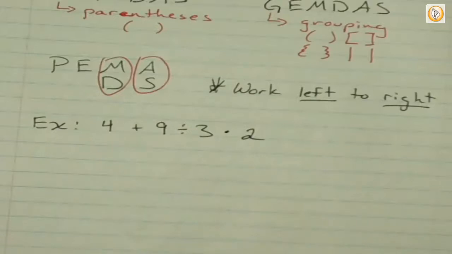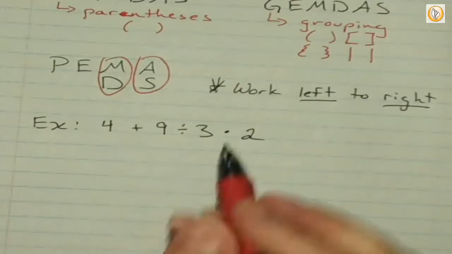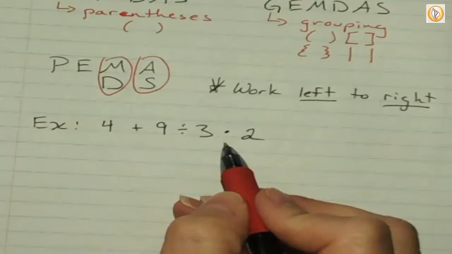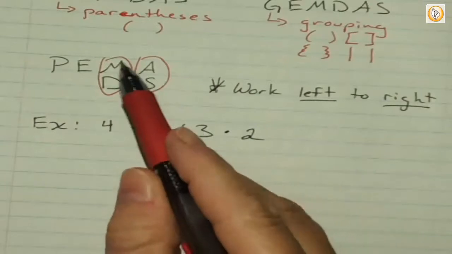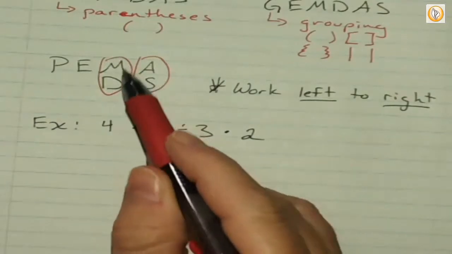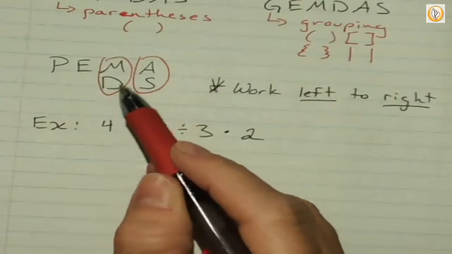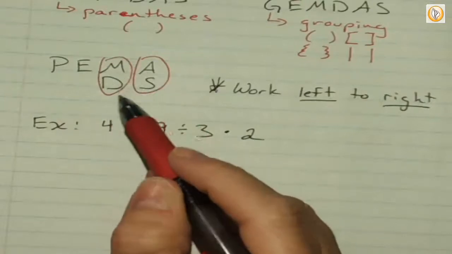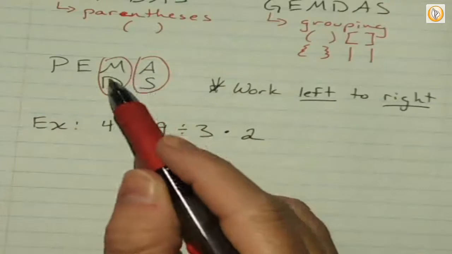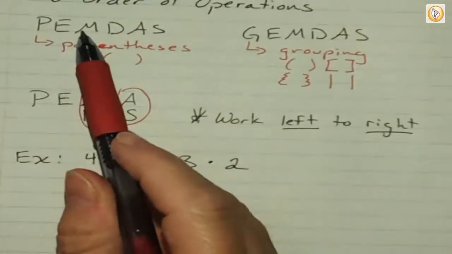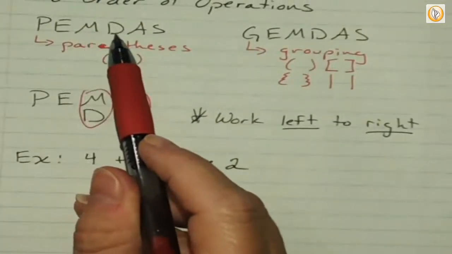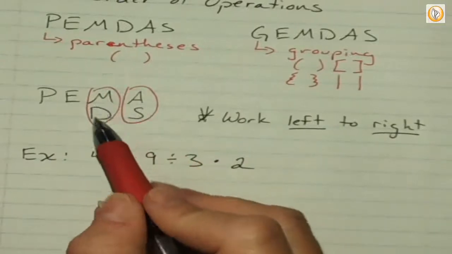Which do I do first? Why? Multiplication, division have equal billing. See, that's why I said this is the confusing part right here. Kids assume because M comes first that you do multiplication always before division, but you don't.